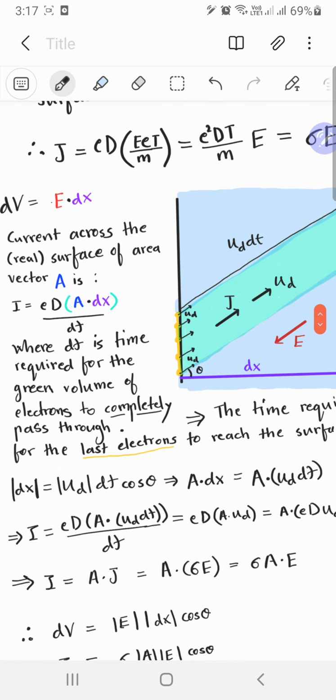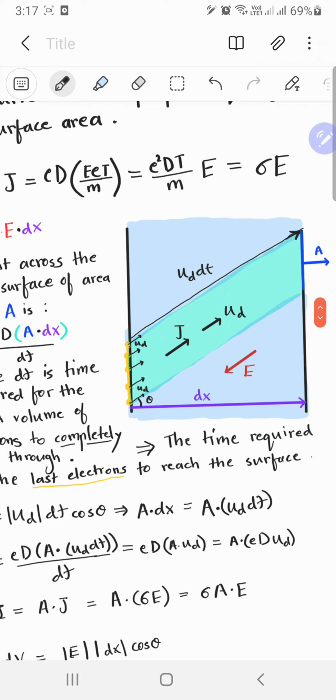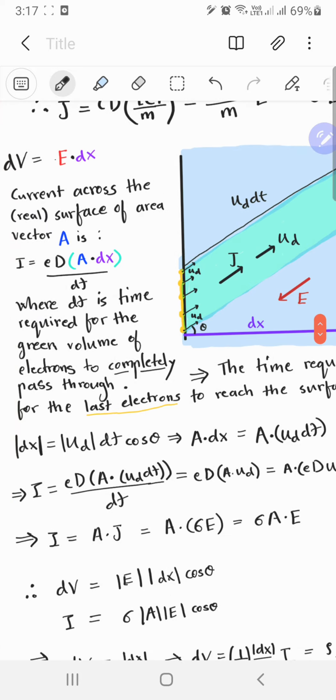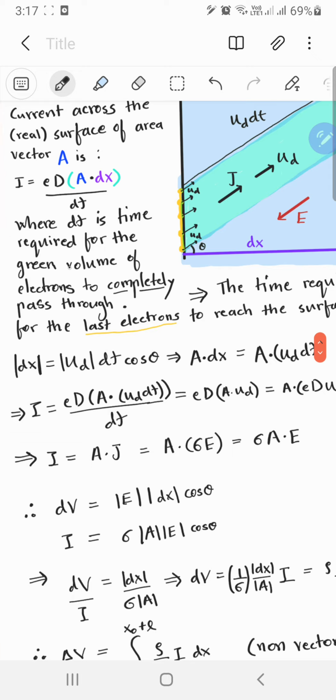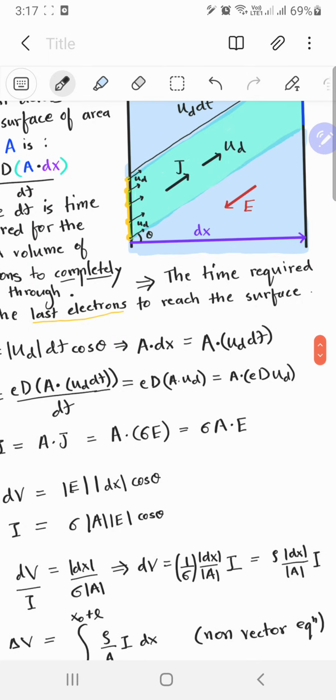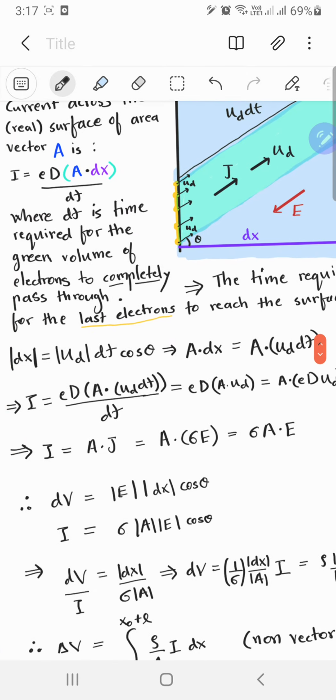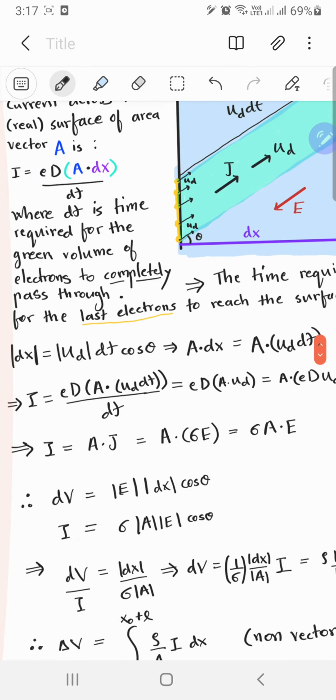So dt is the time required for this yellow layer to go through the whole thing and get to that blue surface, where dt is the time required for the green volume of electrons to completely pass through, which means the time required for the last electrons to reach the surface.